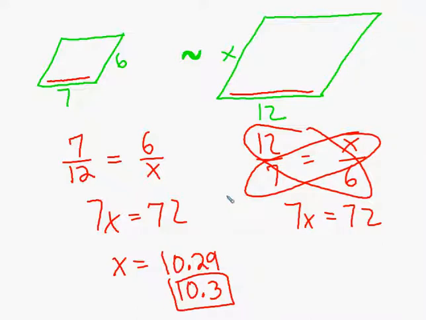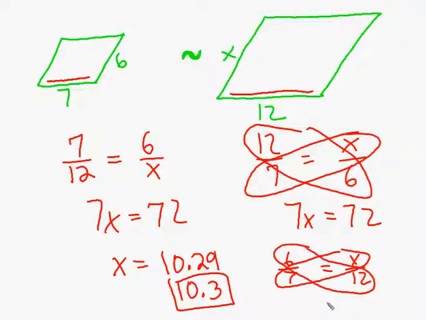And couldn't you do it like 6 over 7 and x over 12? So short side to long side, as short side is to long side, and notice I still am multiplying the same numbers. Yes. So you could.